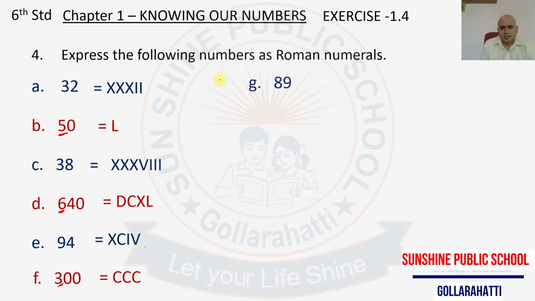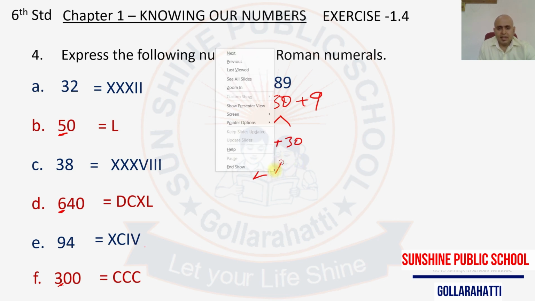Okay, next question, 89. See, 89 is 80 plus 9. In Roman numerals there is no single symbol for 80, so we write 50 plus 30. 50 value is L, 30 is XXX.